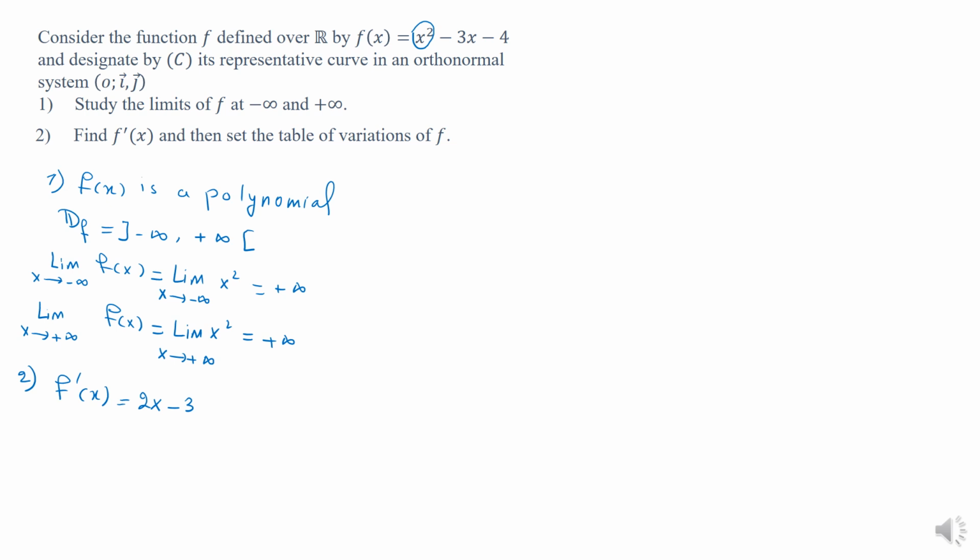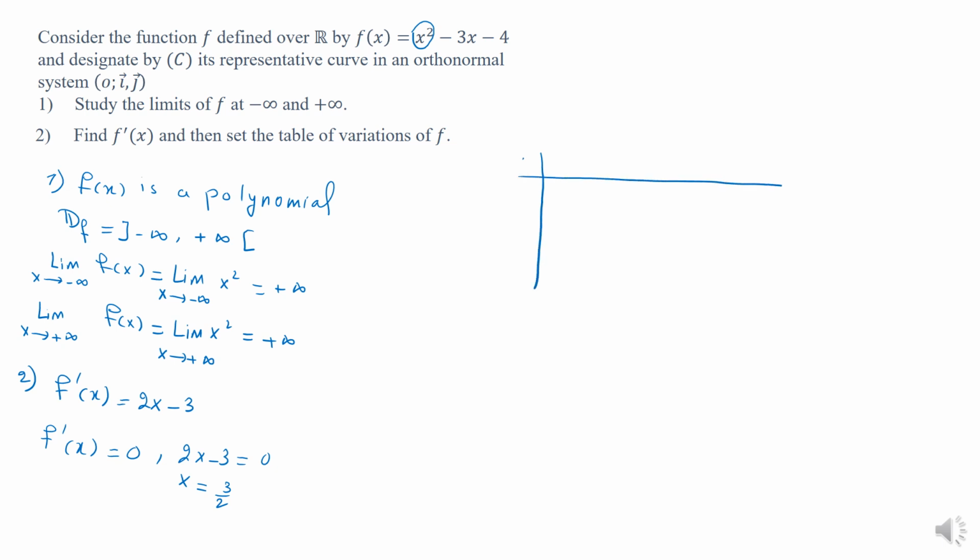To study the table of variation, you set f prime of x to 0, so 2x minus 3 is 0, x equals 3 over 2. This is the table of variation.